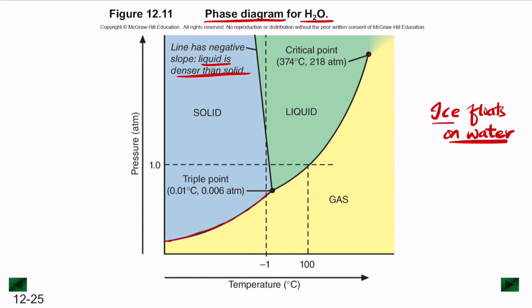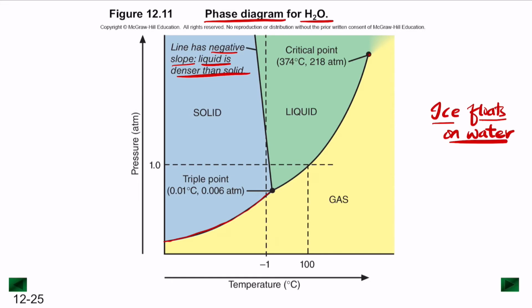With any other solid, it doesn't happen the same way. Ice floats on water because it has lesser density than water itself. This negative slope is what makes ice float on water rather than sinking.